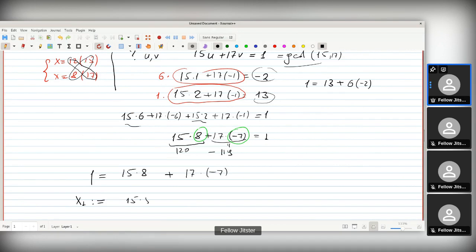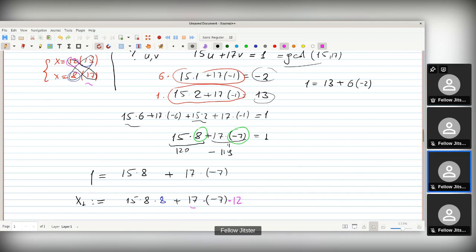I shall take these terms and modify them a little. I shall multiply this one, where we have 15, by 8. Is it clear? Yes. And here I have 17. And I will multiply it by this remainder, that is by 12. Is it clear?